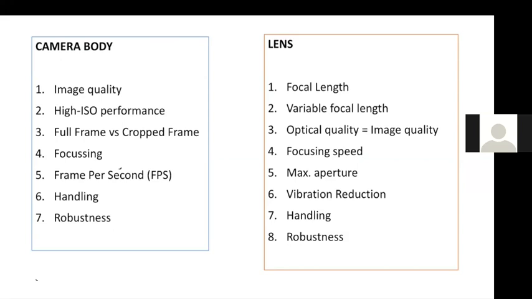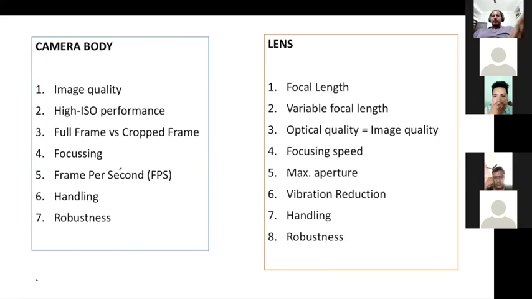You will get the subject in the middle, like I have shown, at a very small part of the frame. So I need to go nearer. But approaching an animal nearer is not always possible in natural conditions. So if I use a crop frame with my 400 mm lens, I get 600 mm. That's a big advantage, and that saves me another 6 lakh rupees in buying a 600 mm prime. So in those cases, crop frame is an advantage.